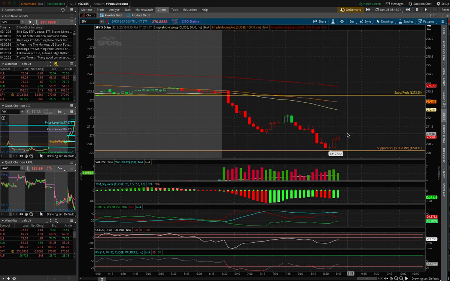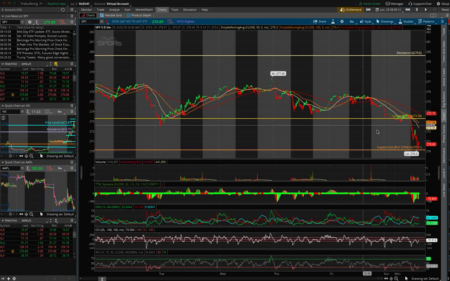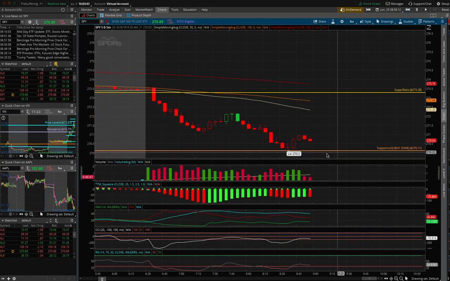And let's see if this bounces here or if it turns. So it does bounce.